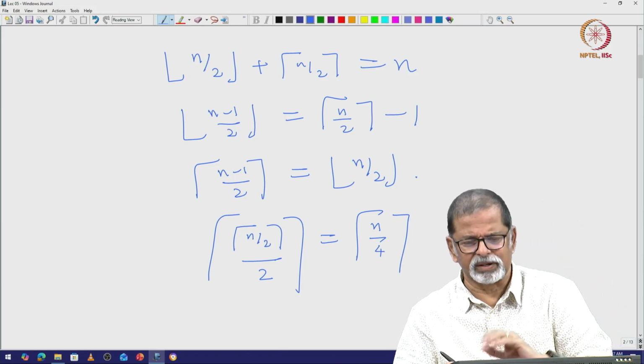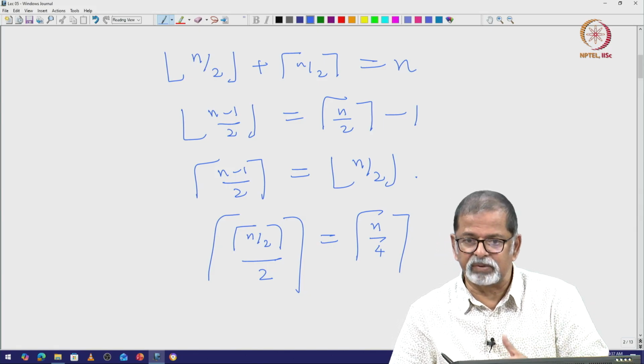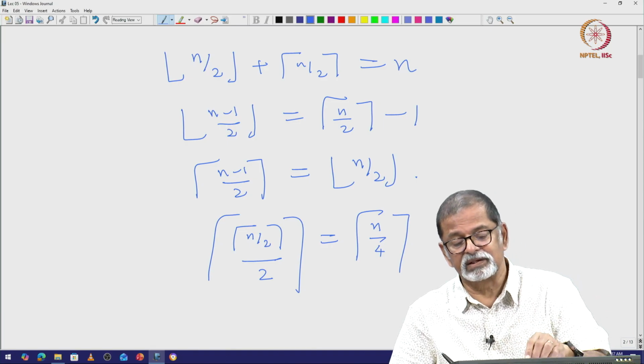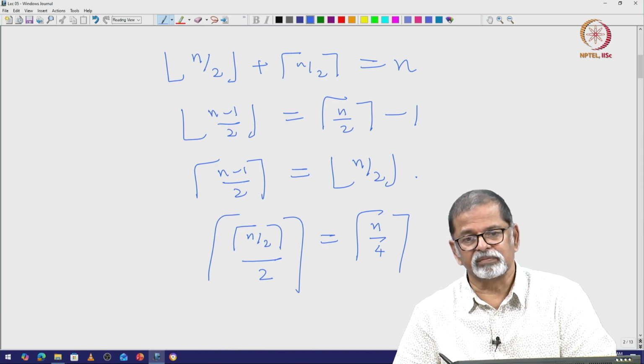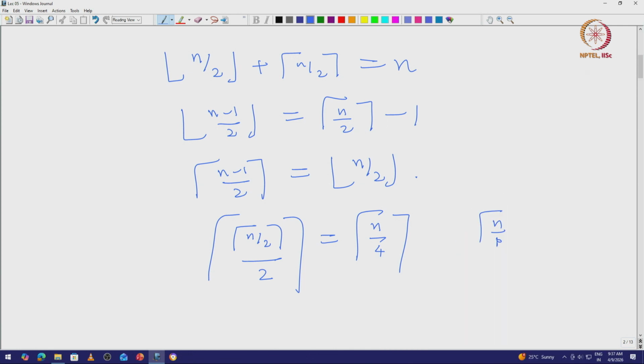There is a very simple way to generalize this for P and Q. You can show that you take ceil(n/P), divide by Q and take ceil again, this is same as taking ceil(n/PQ). This is easy to prove, straightforward cases. These are some of the facts and basic properties of the floor function and ceiling function that we require.